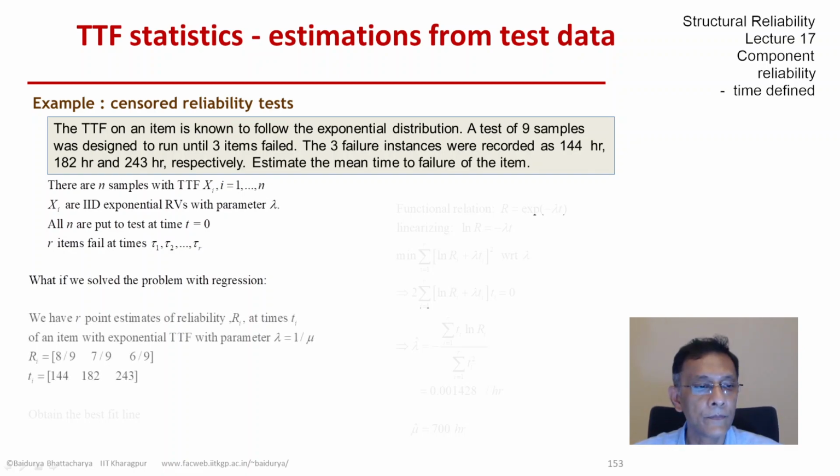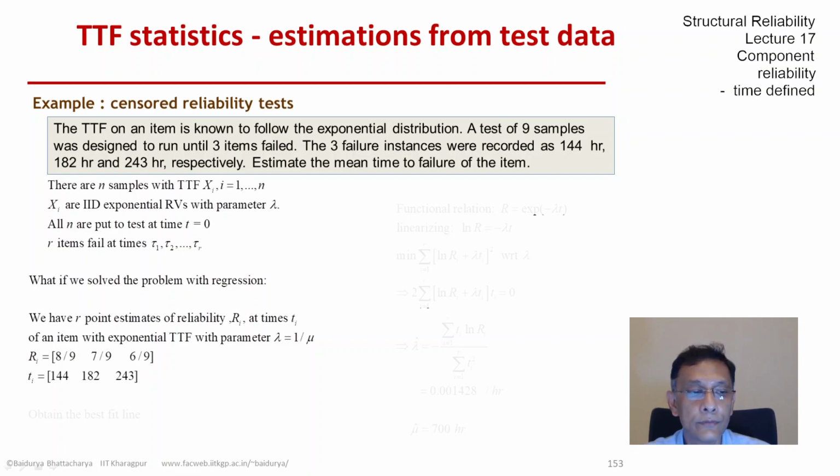What we have is a number of point estimates of the reliability, Ri at times Ti. So 3 times have been recorded. We have 3 reliability estimates corresponding to an item with exponential TTF. That's important.